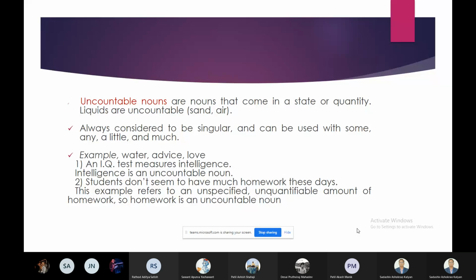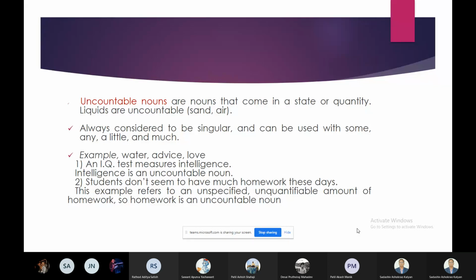We want to keep in mind that uncountable nouns are always considered singular, and they are used with words like any, a little, much, some. For example, we say give me some water. Whenever we use uncountable nouns, we want to take care about it.